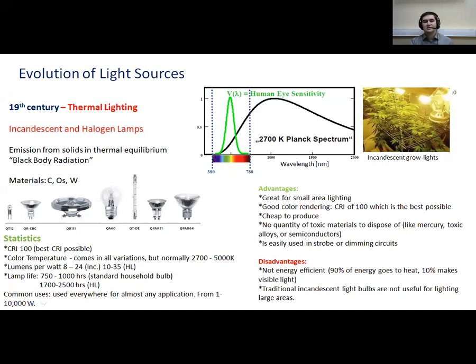Unfortunately, only around 6% of their energy is radiated in the photosynthetically active radiation spectrum. 82% is emitted in the infrared, with the remaining just 12% as thermal energy.